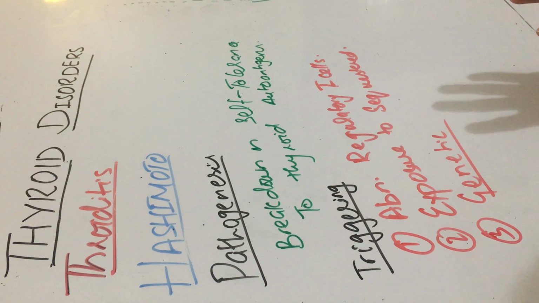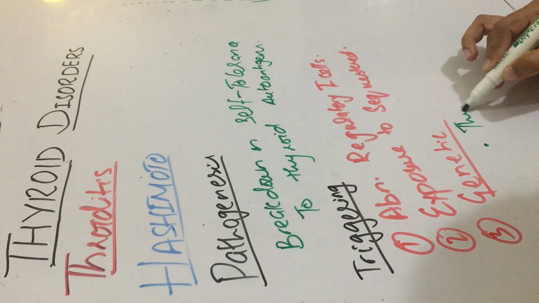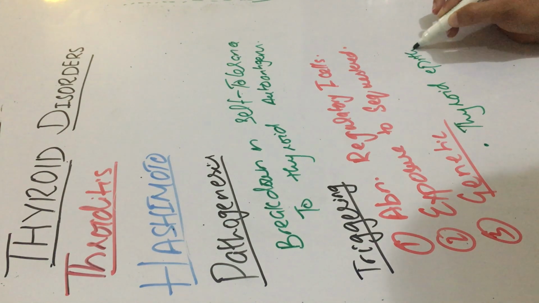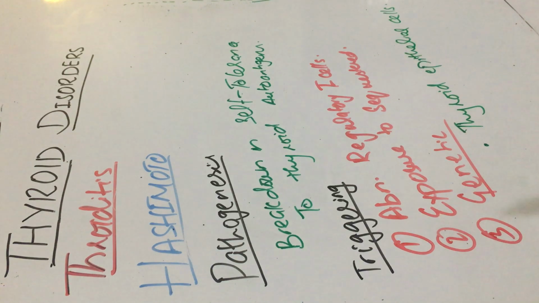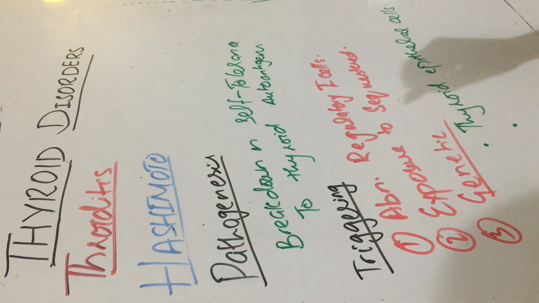Now if the antibodies are formed against these antigens, then there would be the apoptosis of thyroid epithelial cells, the follicular epithelial cells, and there would be the depletion of these cells. The thyroid parenchyma would be replaced by mononuclear cell infiltrate: plasma cells, T lymphocytes, B cells, monocytes.